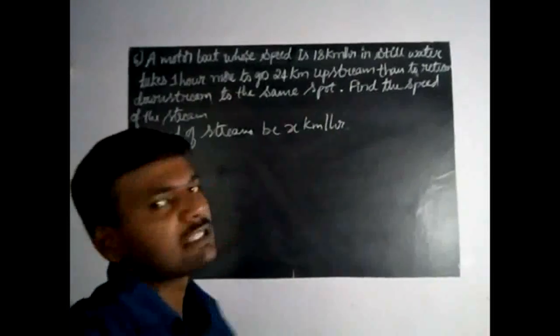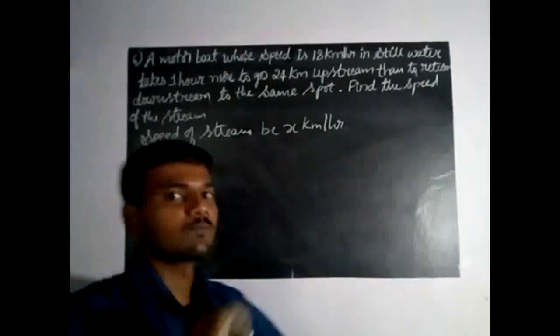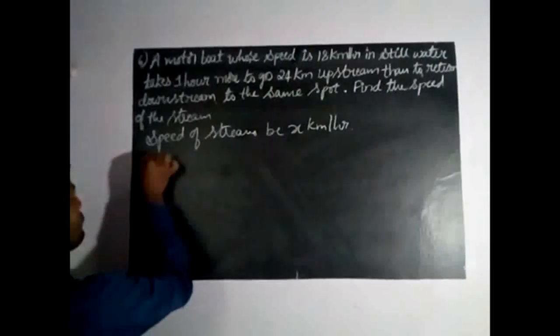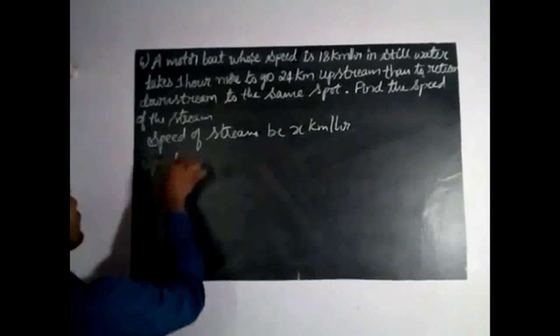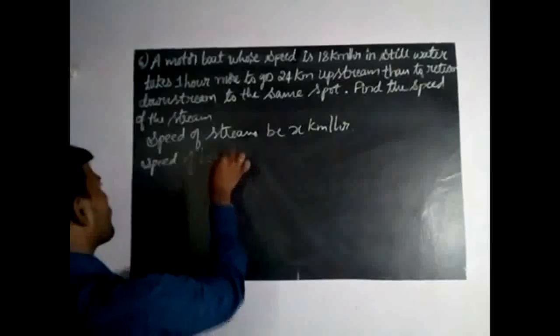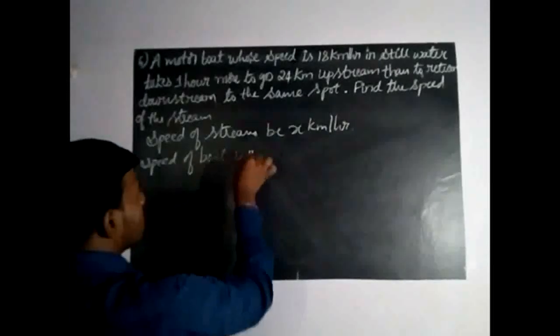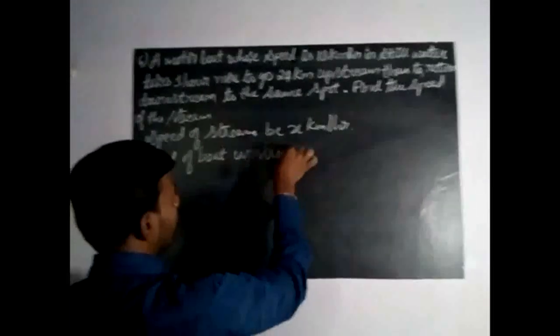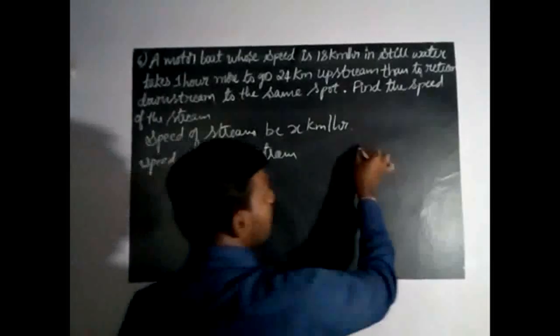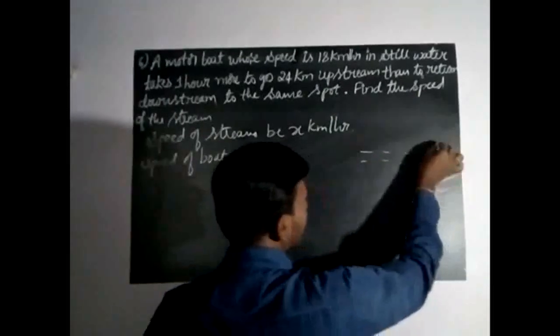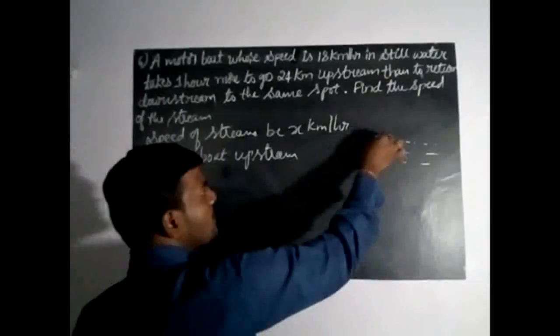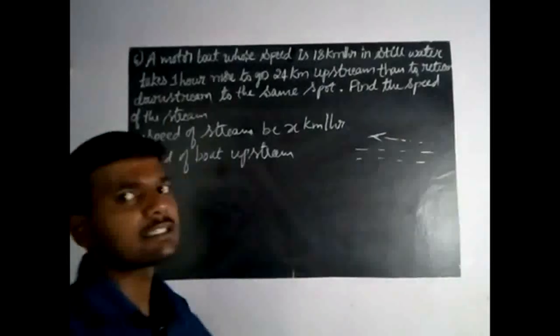The speed of the boat upstream would be, the water is running like this and the boat is running in the opposite direction. That means it is negative.